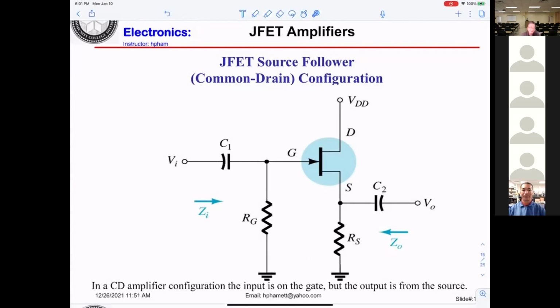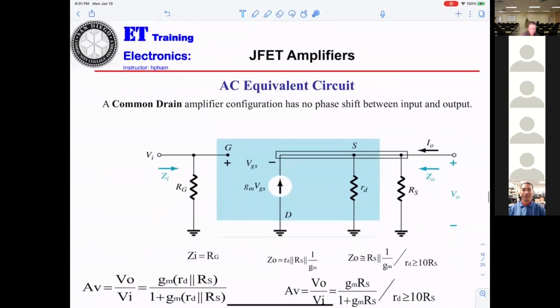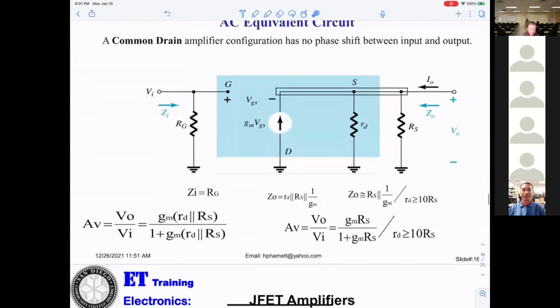That is at least what you must know. And this is just the AC drawing, okay? We don't care too much about other things. G in equals the same R_G like the other one. G out will be equal to R_S in parallel with 1 over g_m.